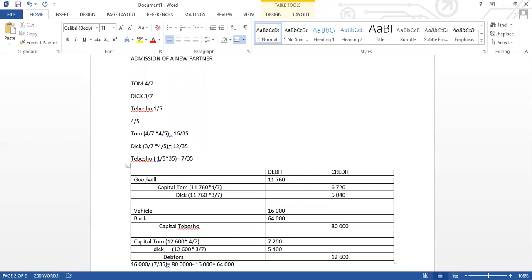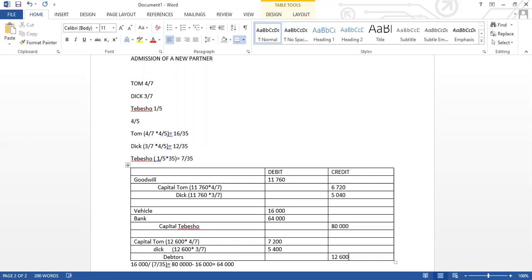We are done with debtors. We move on to number 3. A general reserve of 24,000 should be disclosed in the new books of the partnership, meaning it is to appear in the new books of the partnership.